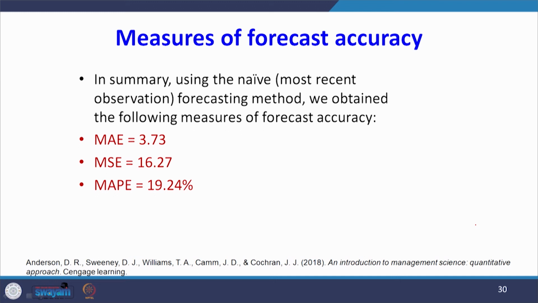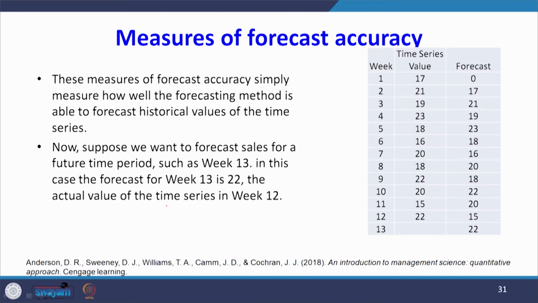Mean absolute error is 3.73, mean squared error is 16.27, mean absolute percentage error is 19.24 percent. These measures of forecast accuracy simply measure how well the forecasting method is able to forecast historical values of the time series.